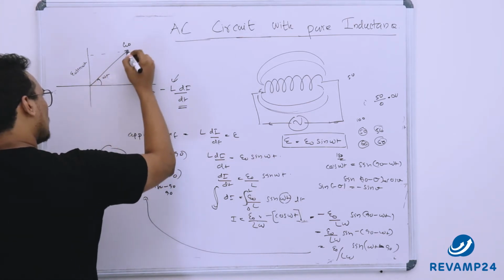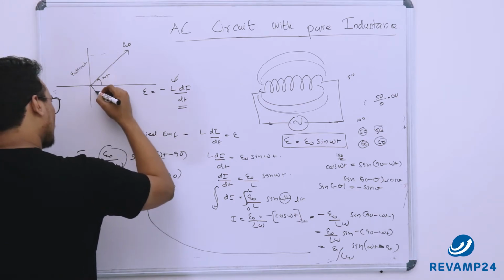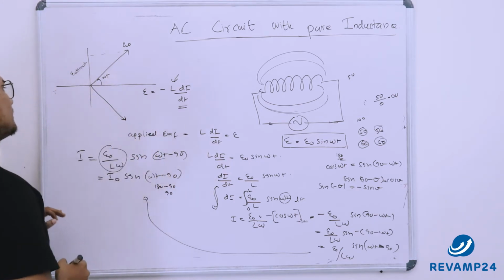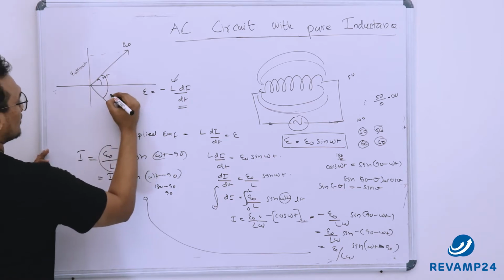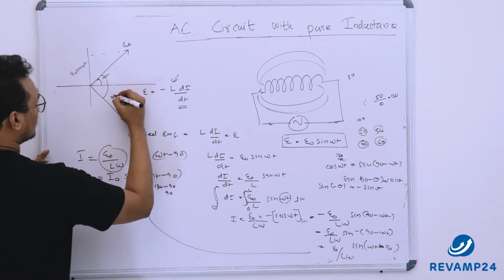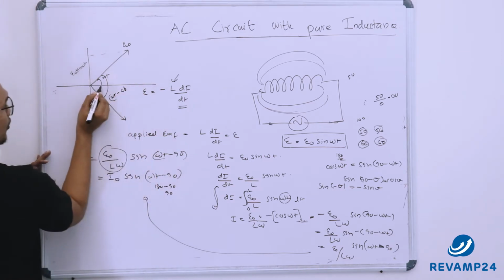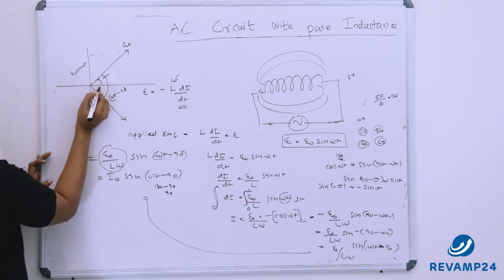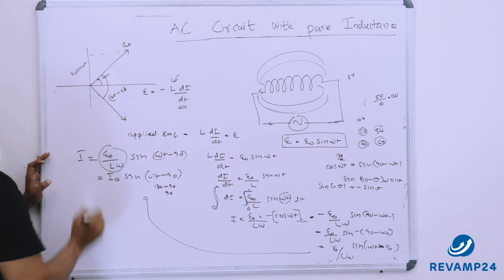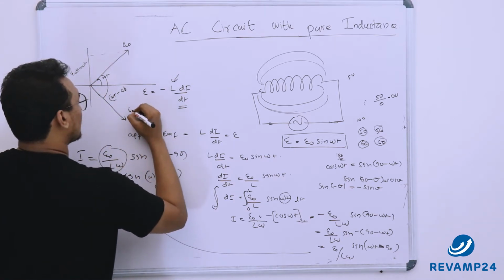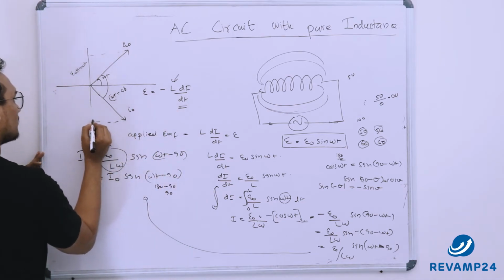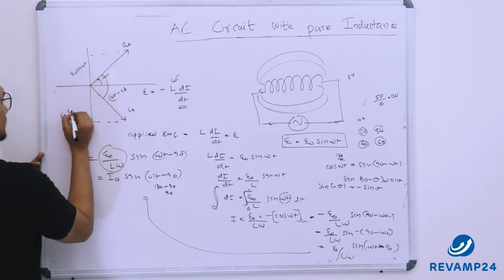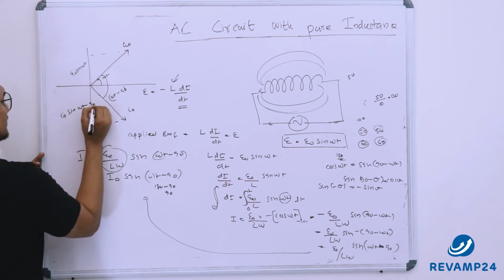So I have to draw 90 degree backward from E0, and this is my current, and this angle is omega t minus 90. And this is now my current I0. Its projection here would be I0 sin omega t minus 90.